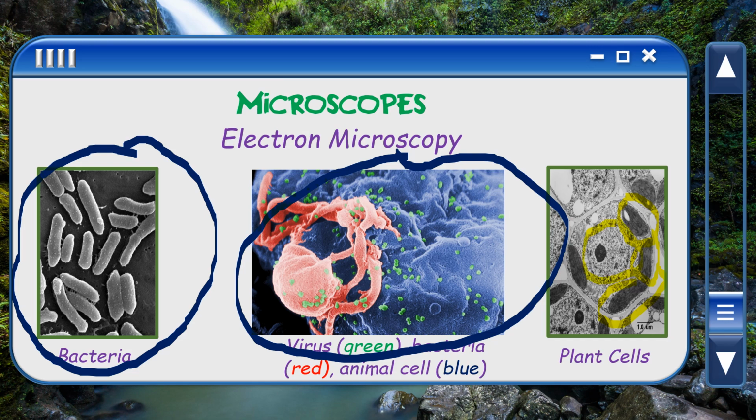We can see other organelles very clearly. So that means that the electron microscope has got a higher resolution. The only disadvantage is that we see the images in monochrome, not in their natural color.